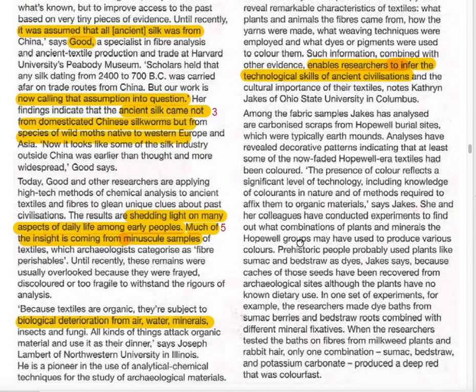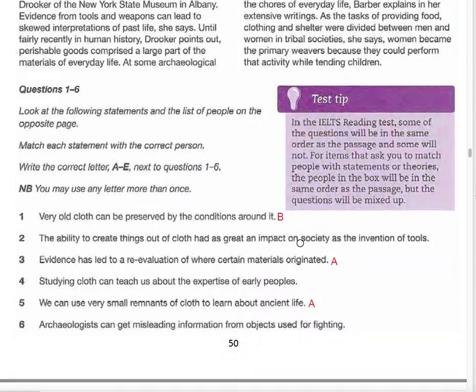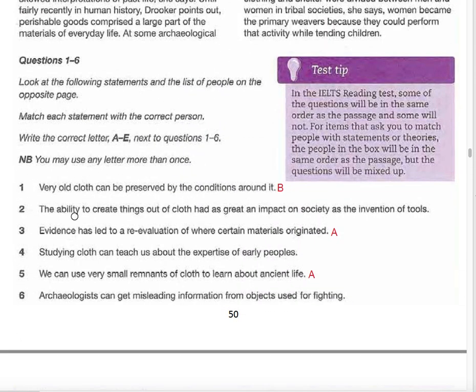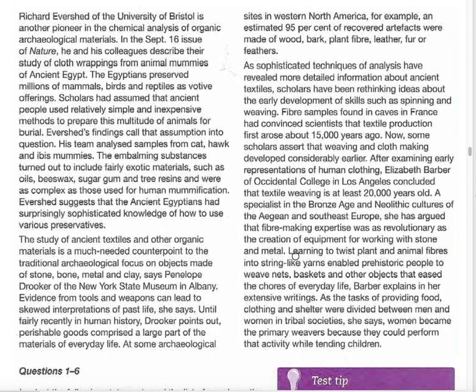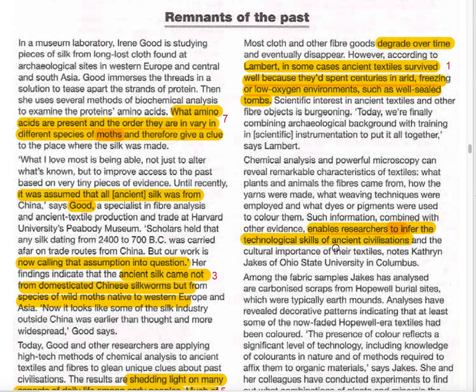That reminds me of a question. Let's look. No. There we go. Studying cloth can teach us about the expertise of early peoples. The knowledge can teach us about it. The technological skills, the expertise.